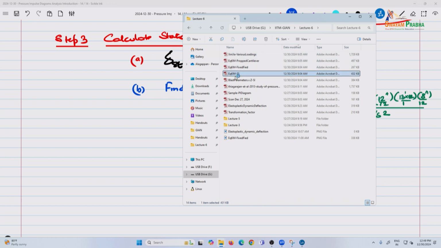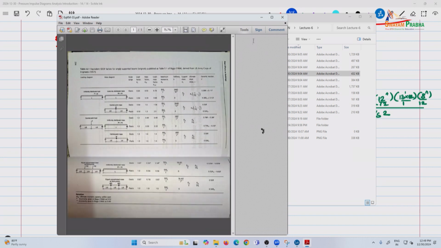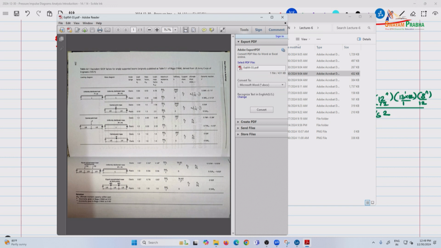We are simply supported. So you can use these to get, I'll read it for you. If you see, the mass factor is between these two. Load mass factor is 0.78 and 0.66 here.